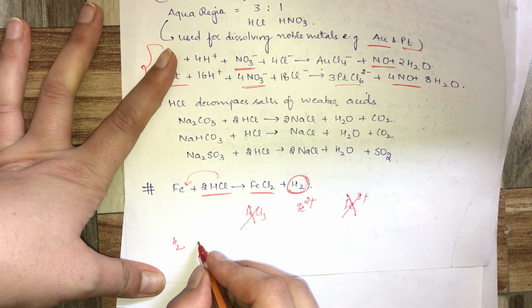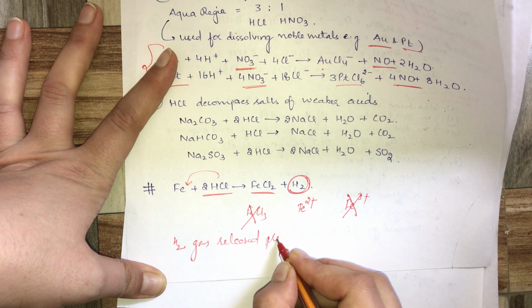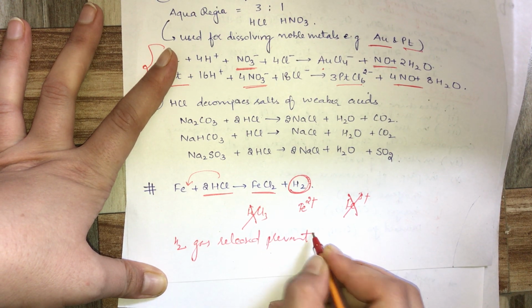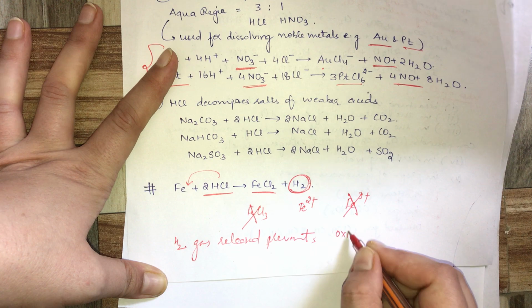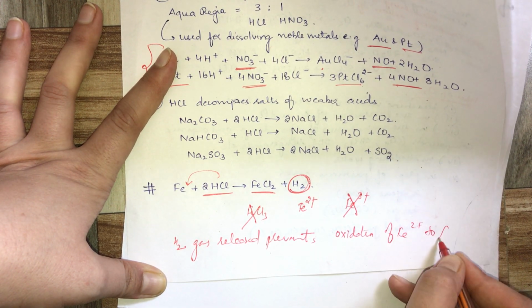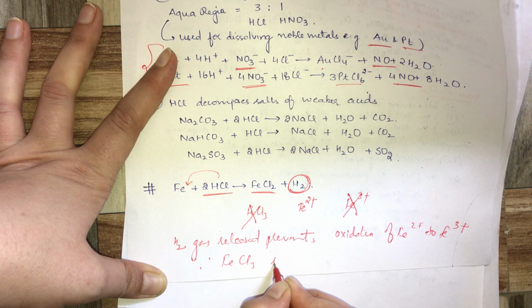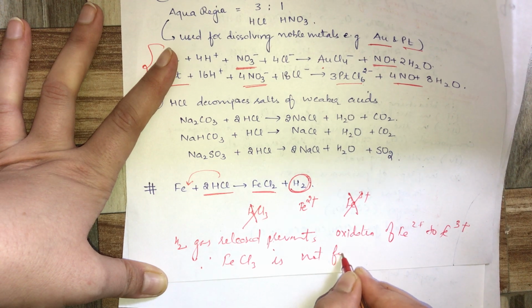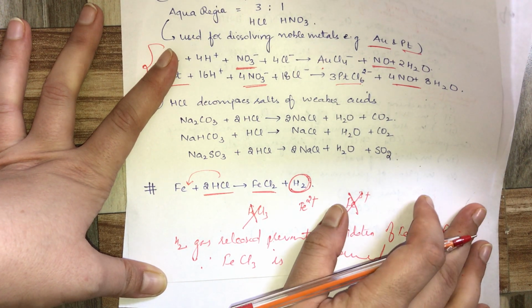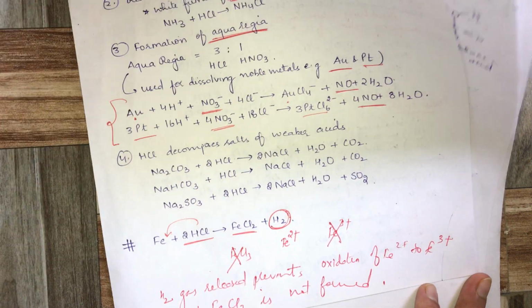H2 is a reducing agent, so the H2 gas released prevents the oxidation of Fe2+ to Fe3+. Therefore, FeCl3 is not formed. I hope I made it clear. Right? So this was the whole story about HCl.